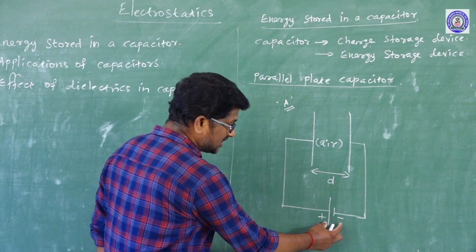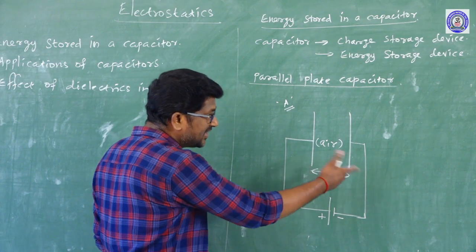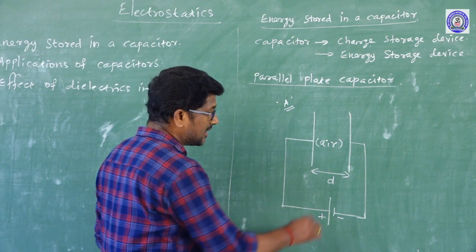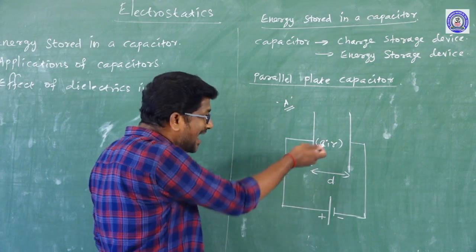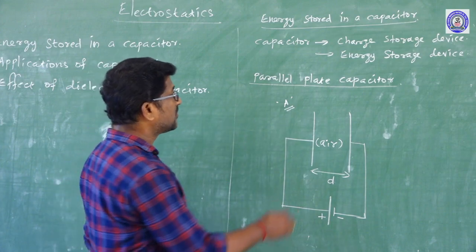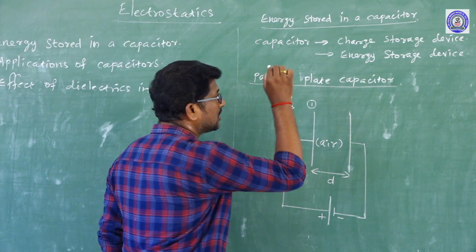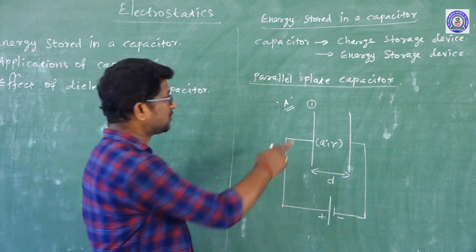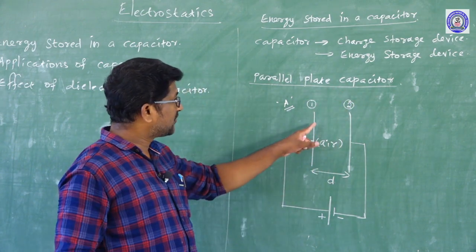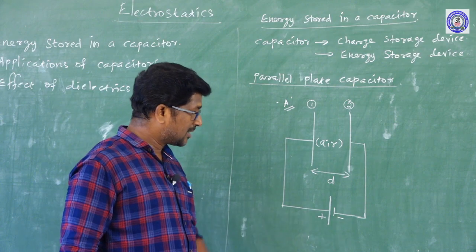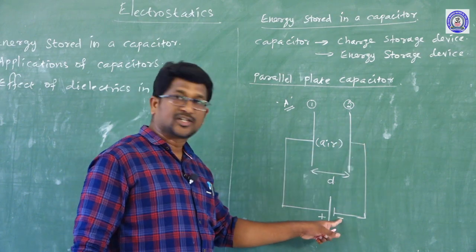Suppose the battery is connected between the two plates of the capacitor. The positive terminal of the battery attracts the electrons from, suppose, the first plate of the capacitor. So this is the first plate and this is the second plate. The first plate is connected to the positive terminal of the battery and the second plate to the negative terminal.